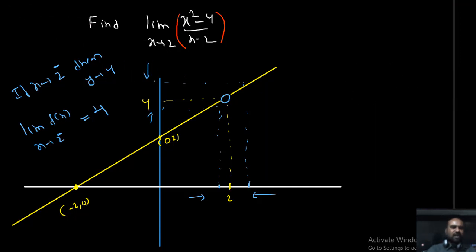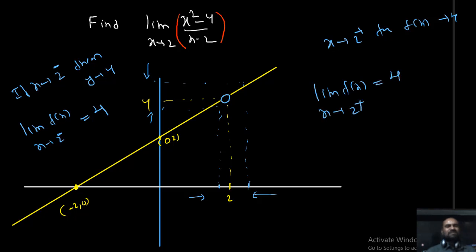In other words, if x is tending to 2 plus, then f of x is tending to 4, or symbolically the limiting value of f of x is 4 when x is tending to 2 plus.